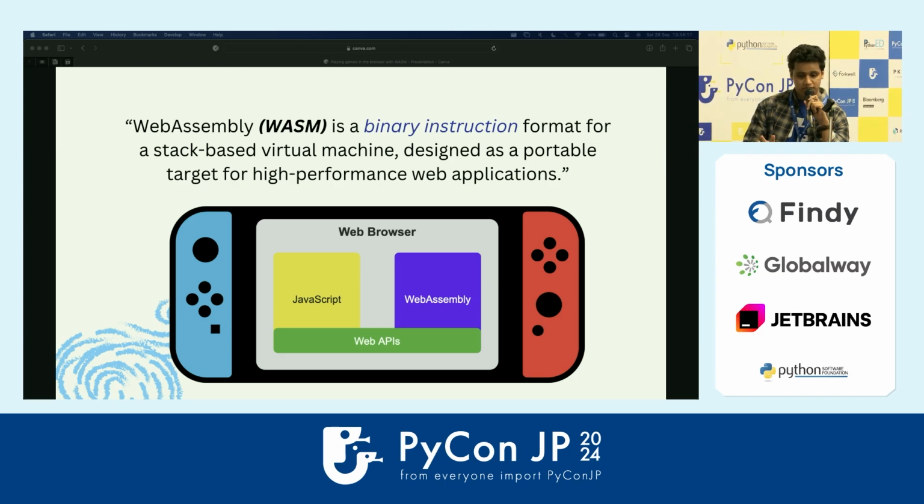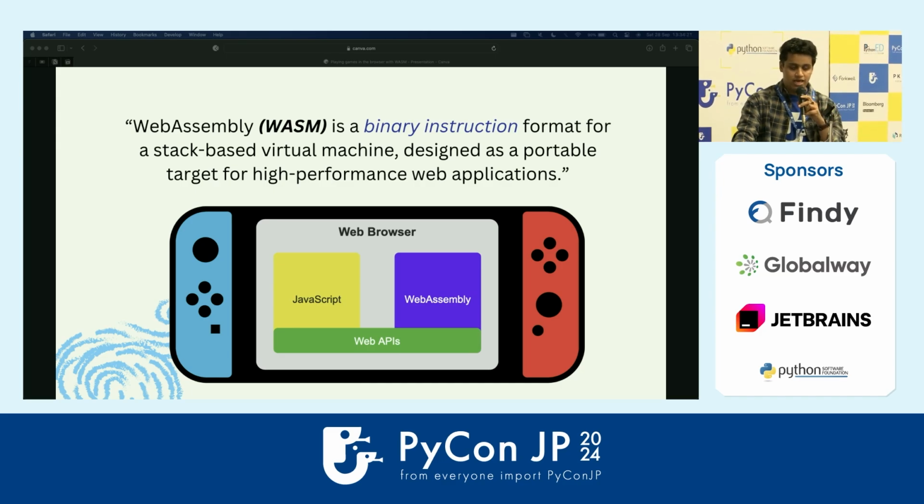So the main purpose is it enables you to create high-performance web applications. It allows you to work on the web apart from just working with JavaScript, and it can run your code efficiently in your web browsers. And as you can see in the diagram, not just JavaScript can access the DOM or those web APIs. Eventually, any language can be a part of that.